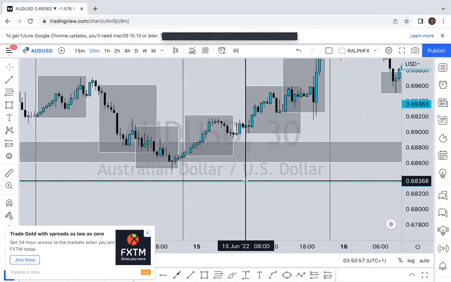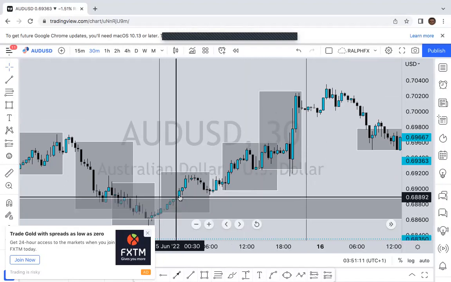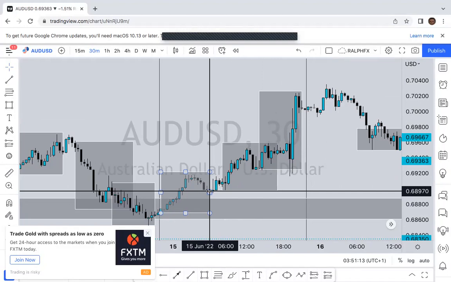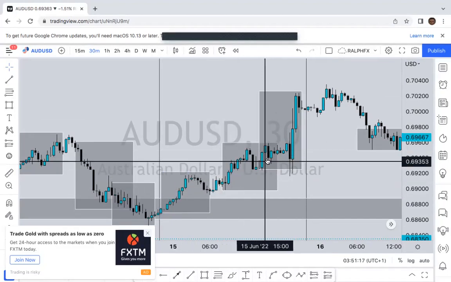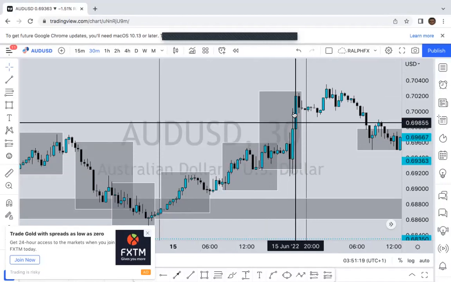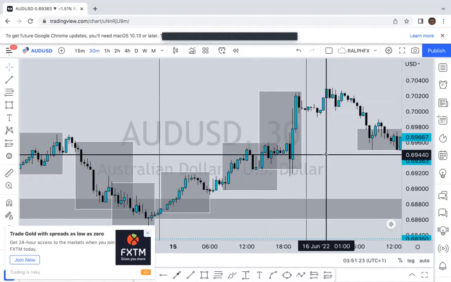So for a pair like AUD/USD, it is not really profitable to trade the Asian session, but it is more profitable to trade the London session and the New York session, right? You can see here we had sideways movement in the Asia session. In the London session, we had more volume to the upside. And then in the New York session, we had much more volume to the upside, right? So this is how you can look at the sessions.